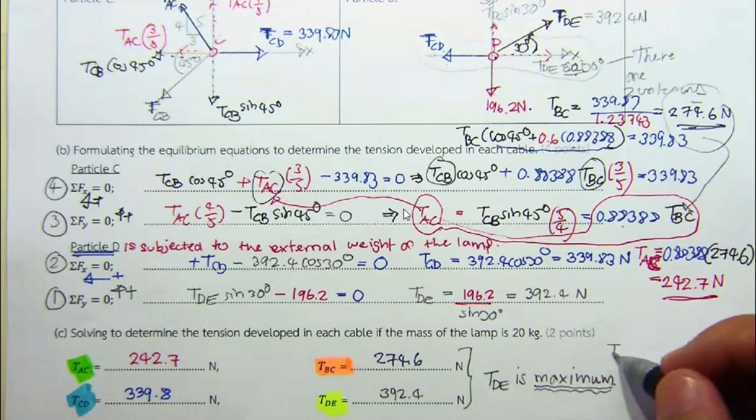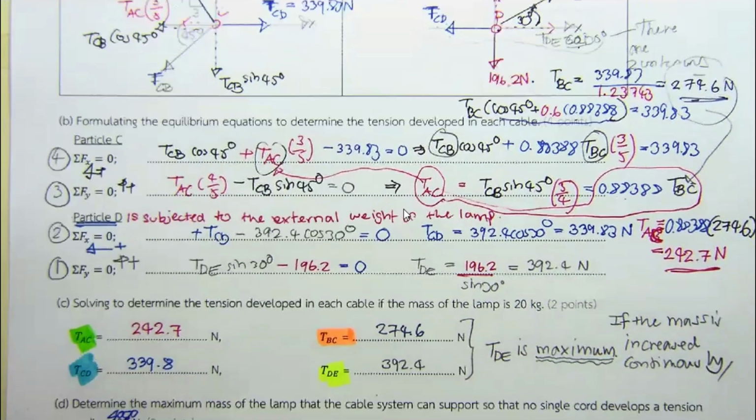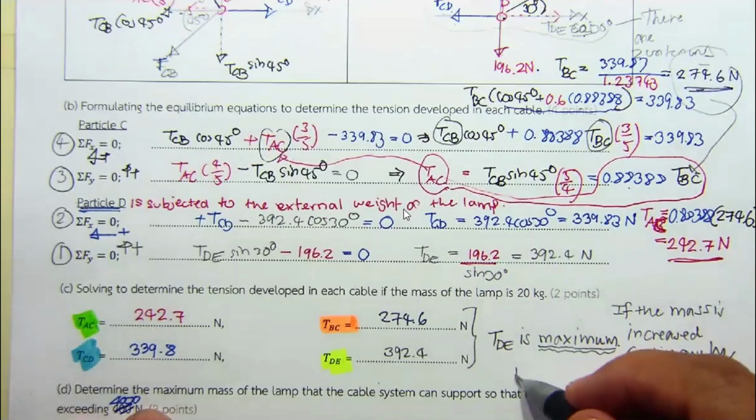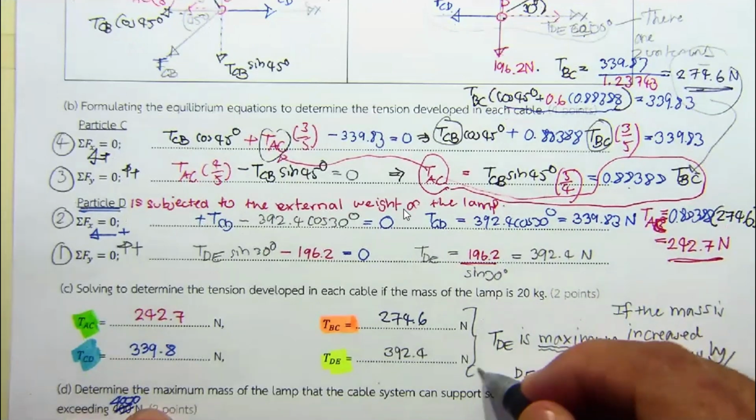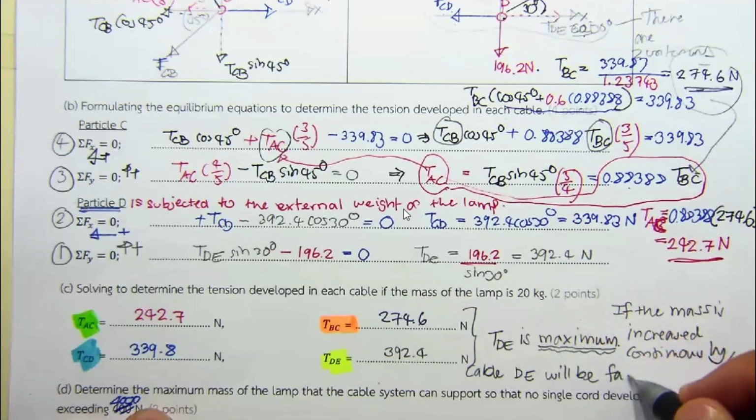If the mass increases continuously, cable DE will fail first.